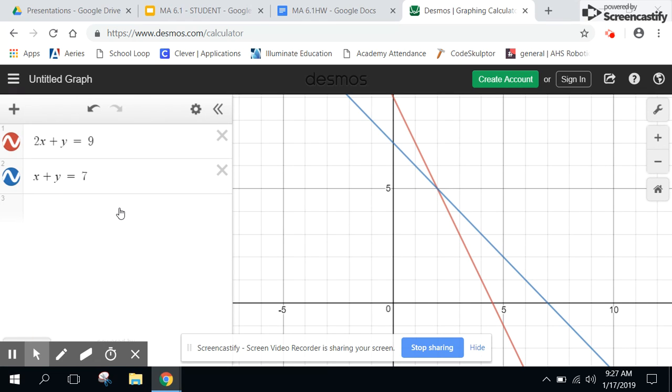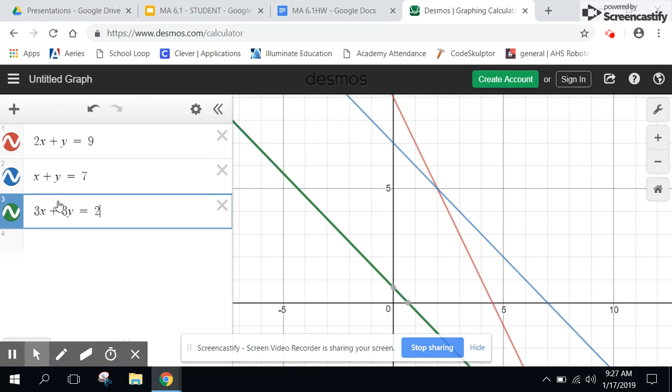So if I added something else where I just multiplied the blue one, let's say by 3, 3x plus 3y equals 21, we can see that it had my same point of intersection. It's the same line. That's not going to change my values. It's not going to introduce any more information. If I was to add the two equations, so the red plus the blue, that would be 3x plus 2y equals 16.